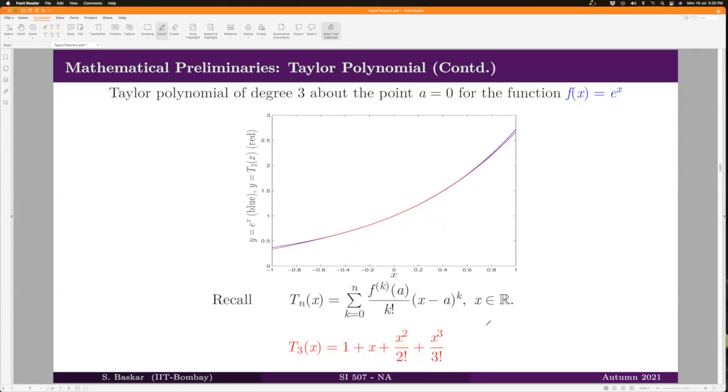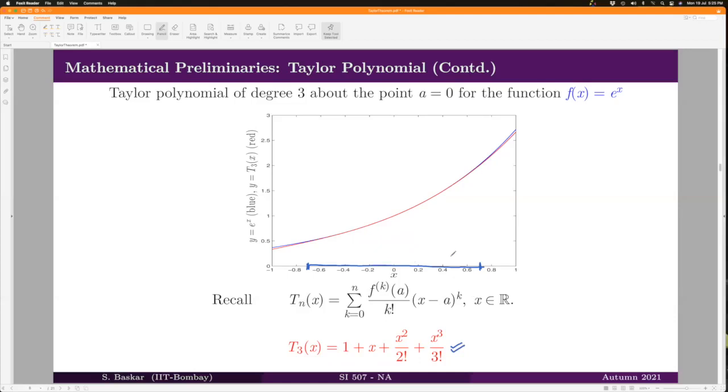Let's go to the Taylor polynomial of degree 3, and you can see that as expected, the approximation is good in a much bigger interval here, and it goes on like this. When you keep on increasing the degree of the polynomial, the Taylor polynomial approximates the original function in a bigger and bigger interval.